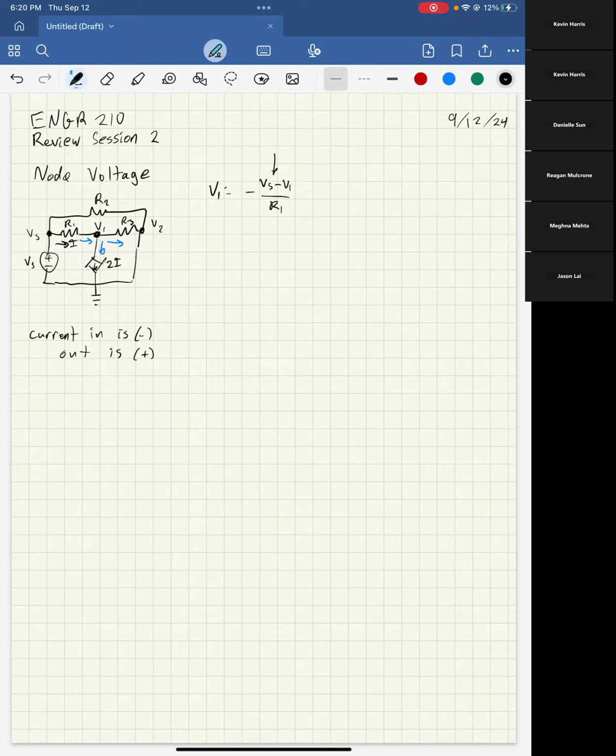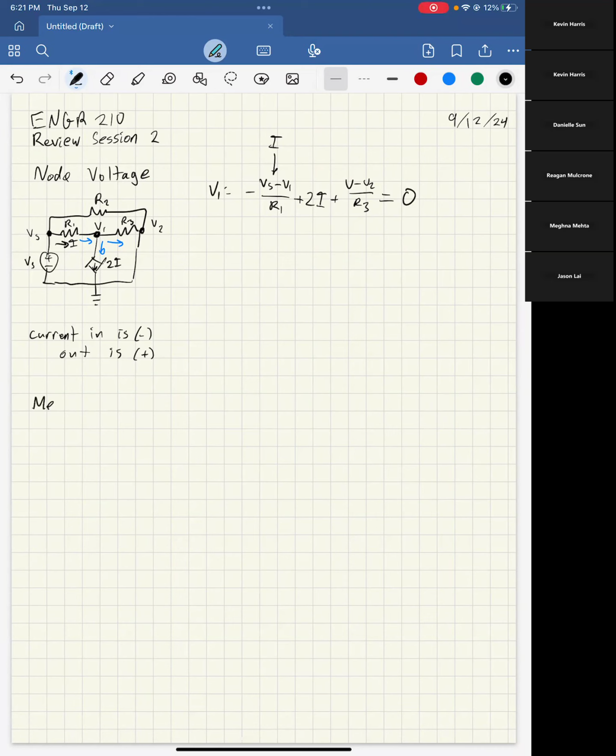This here is the I that I've labeled there. And then plus, because the other two are going out, 2I plus (V1 minus V2) over R3. And that will equal 0 because the sum of those currents is going to be 0. That's, again, just an example. I'll get to actual problems with it later.